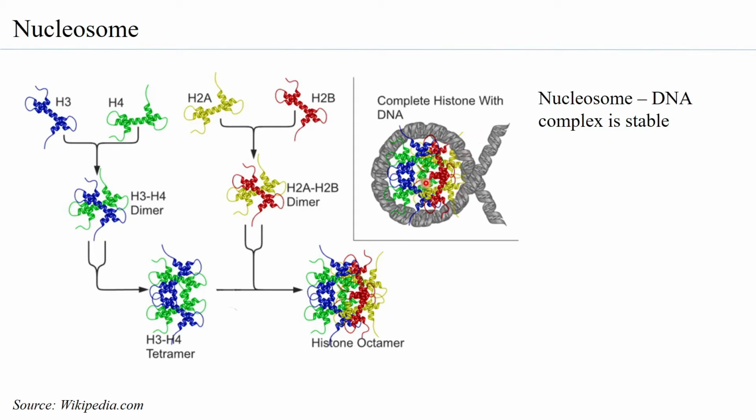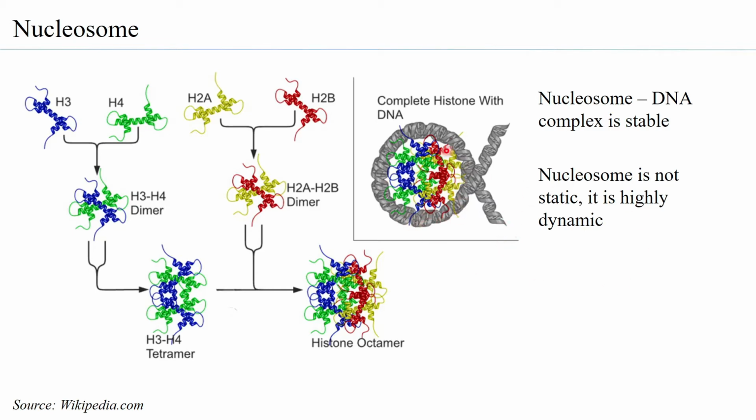So basically, you can say that chromatin is a stable conformation of the DNA, and it is a higher order conformation of DNA. But you must understand that the nucleosome itself is not static. What do we mean by that? It means that once a nucleosome has been assembled, it can be disassembled again, and after disassembly, it can reassemble again.